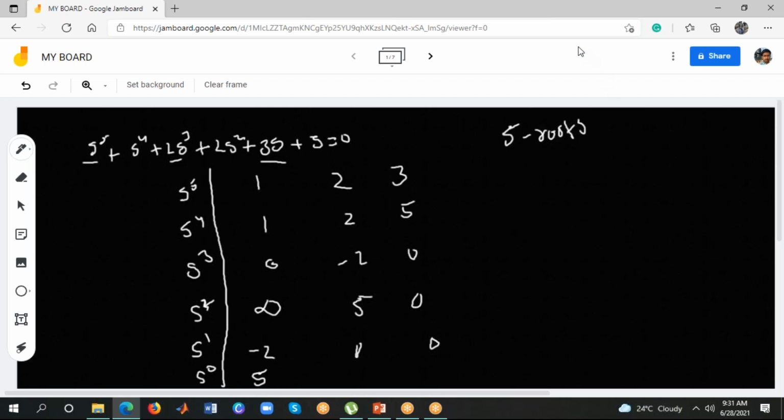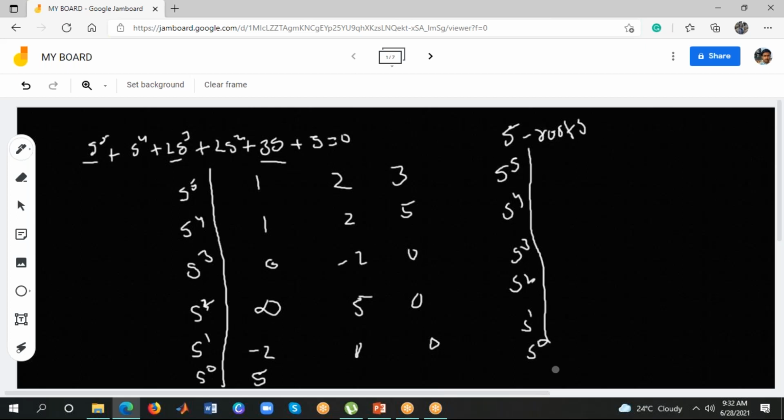So this is one way. There is another way. I'm going to write here s power 5, s power 4, s cubed, s square, s power 1, s power 0. This type of problem we can simplify in this way also.